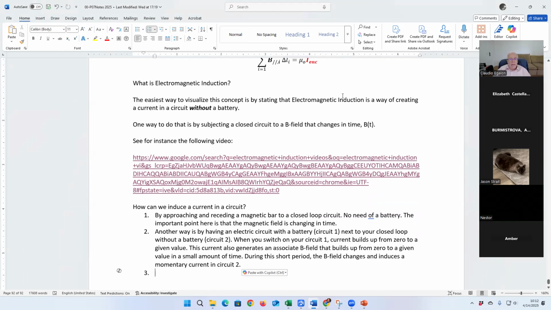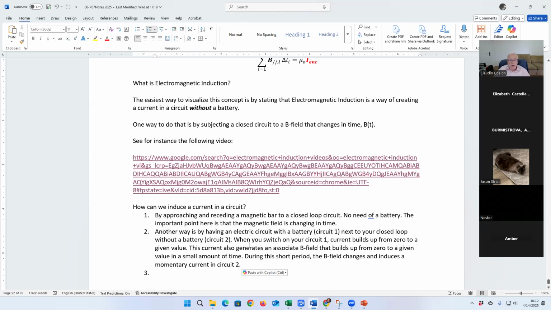You can have a second circuit next to the first one. Okay? We can have circuit number one with a battery and a second circuit without a battery.